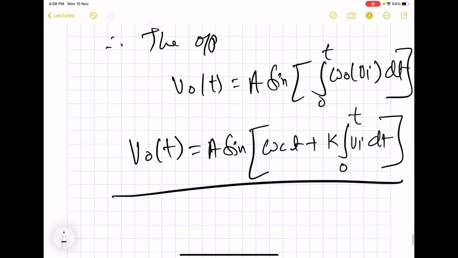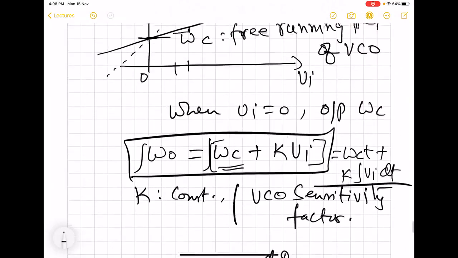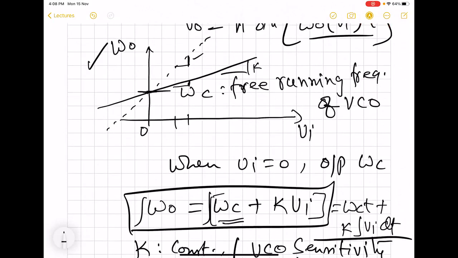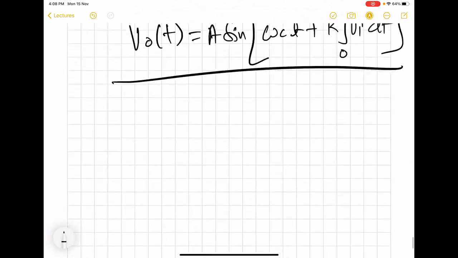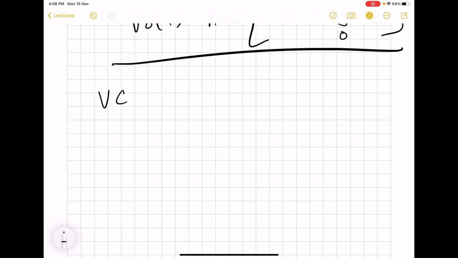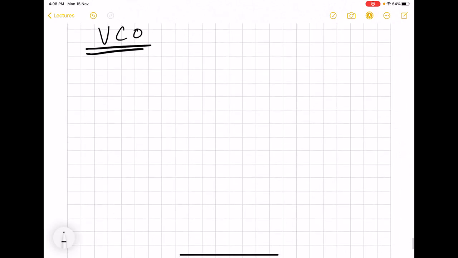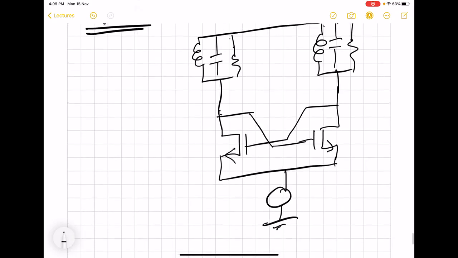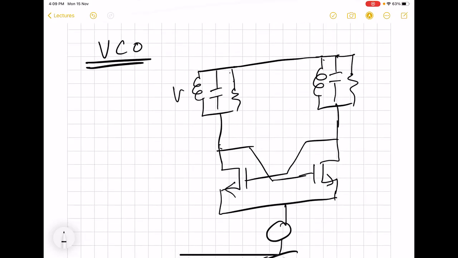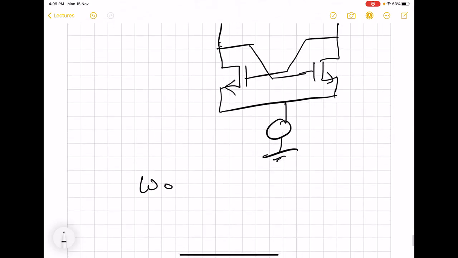Now quickly, how can we possibly have a circuit where we can change the output by changing the voltage? So we can see one specific implementation. We have already seen the cross coupled oscillator here. So here we saw that this is L, C, L, C, R. Here the oscillation frequency is equal to 1 by square root LC.